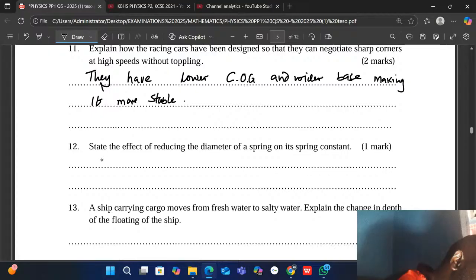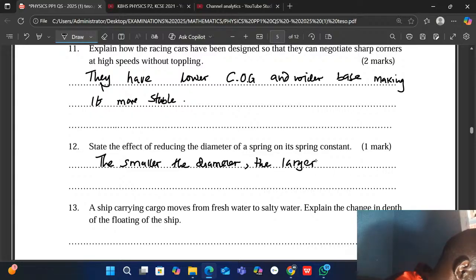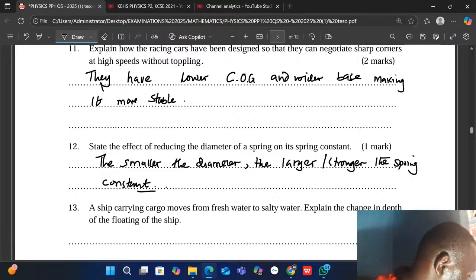So the smaller the diameter, the larger or the stronger the spring constant.